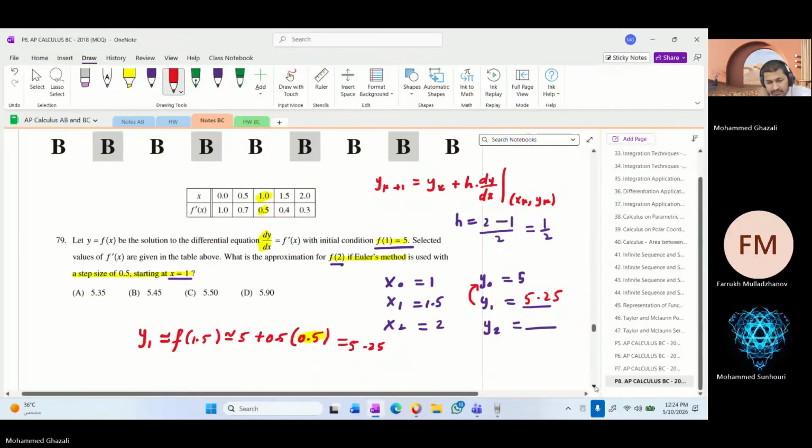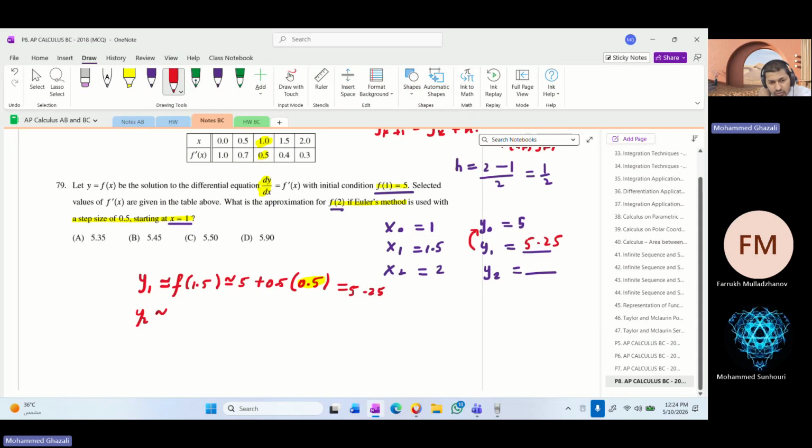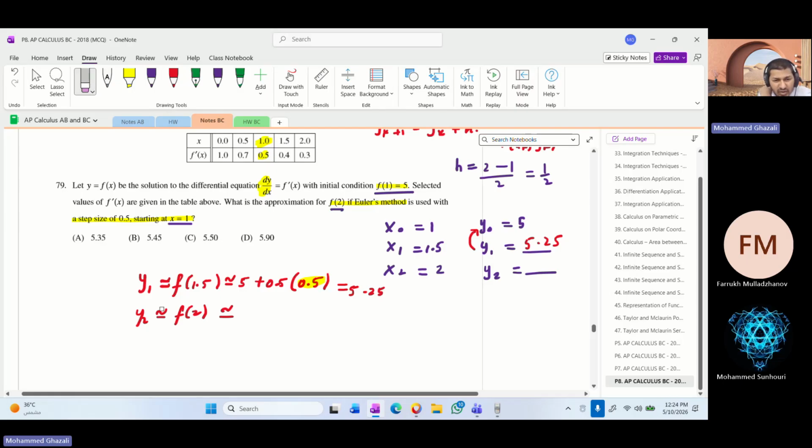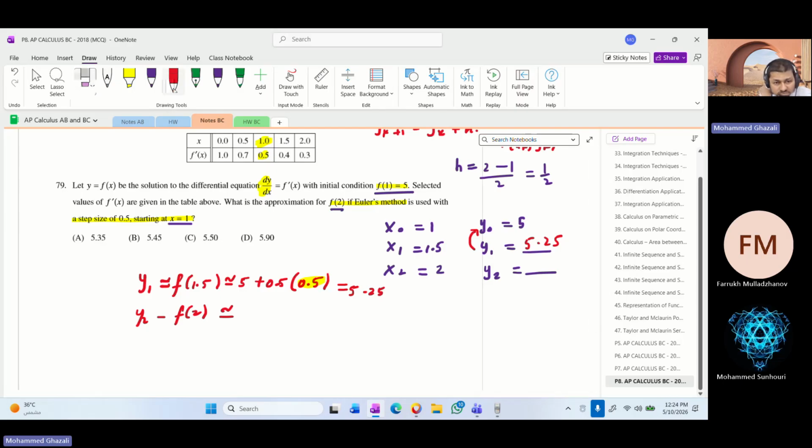Next one. What's y2? That's f of 2, which is 5.25 plus 0.5 times the derivative evaluated at the previous value, 1.5.